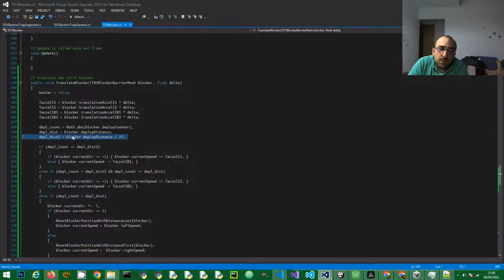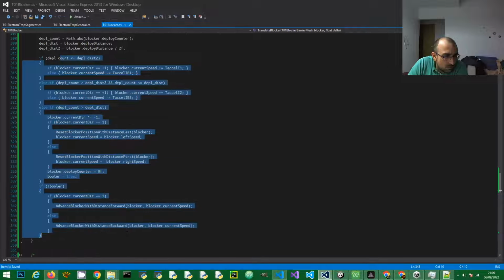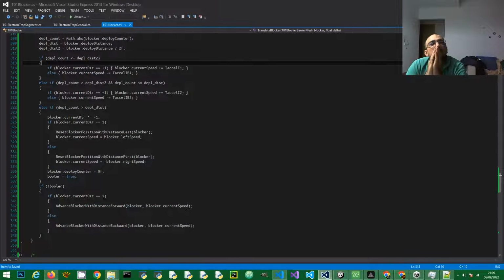And we have the deploy distance divided by 2. Good. And let's see what we have here. Deploy counter, deploy distance. Blocker value.